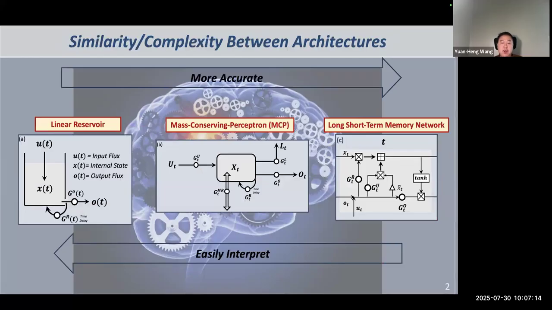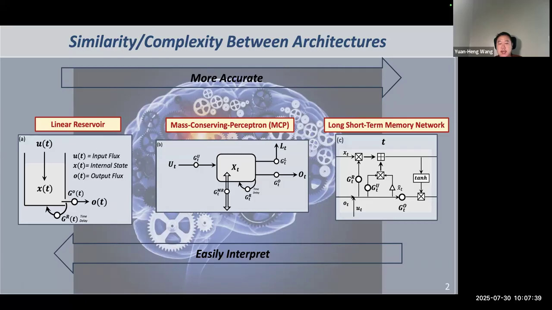The solution we propose to balance accuracy and interpretability is the mass conserving perceptron, shown in the middle. It uses the linear reservoir as a backbone and replaces the time constant parameter in the traditional hydrological model with time variable gating functions. This is inspired by recurrent neural network architectures such as LSTM.